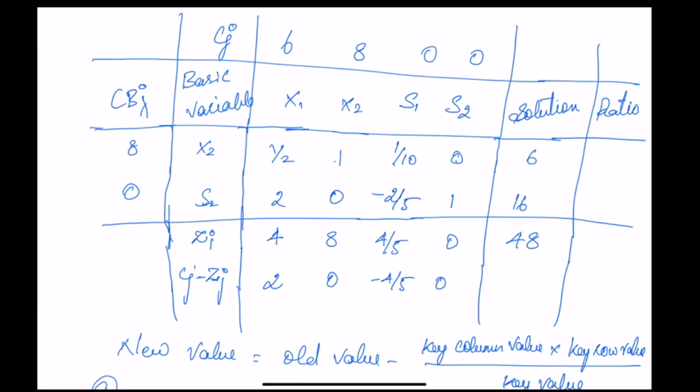We have 4 elements here, and among the 4 elements, 3 are either 0 or negative value. 0, minus 4 by 5 and 0. Only one we have positive value, that is 2. So 2 is the maximum value here, and hence we are selecting the column that contains this 2.